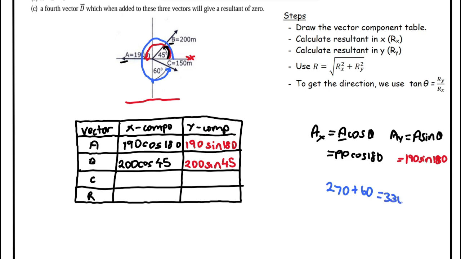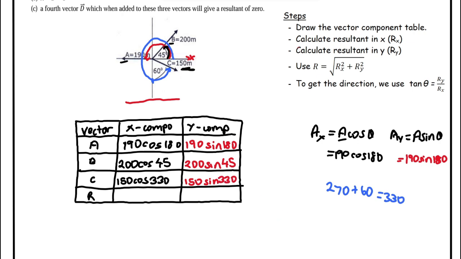So our theta is 330, making our X component for C 150 cos 330. Then our Y component will be 150 sine 330.